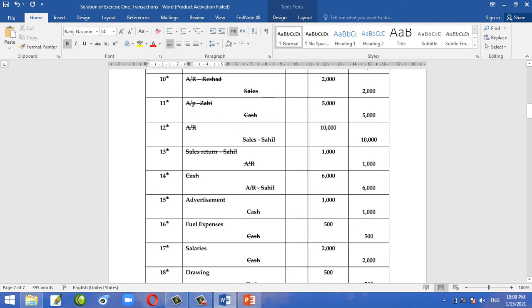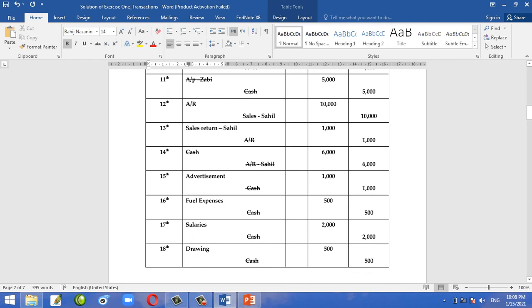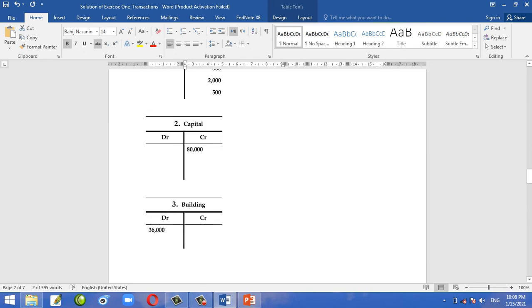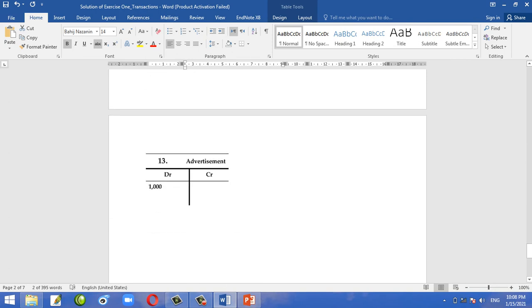Yes, advertisement 1000 as debit. So now come to the next one. Do we have advertisements? No. We have to create fuel expenses. How much? We have 500 as debit.